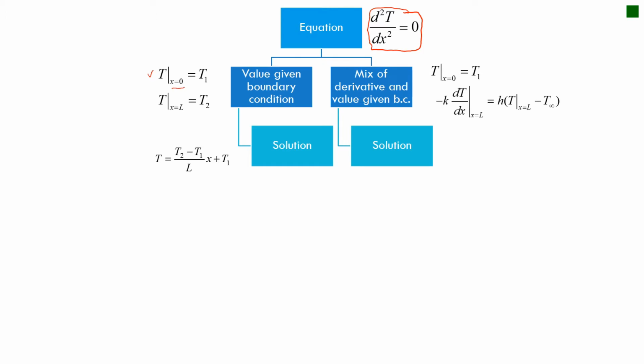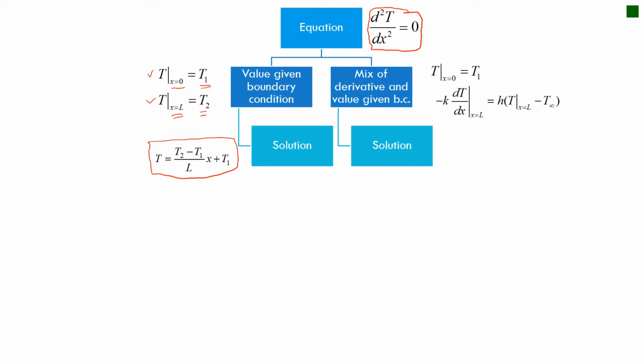So at x equal to 0, the variable T is equal to T1, and at x equal to L, the variable T is given as T2. For this condition, it has been solved before, or you can try it yourself. Then the solution is this one.